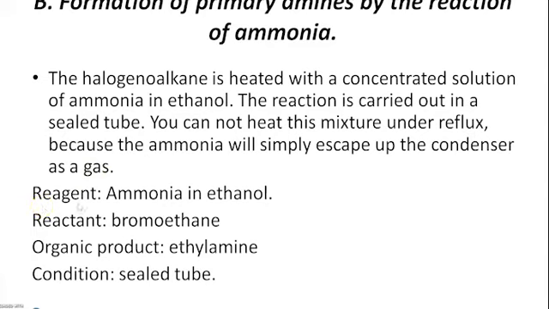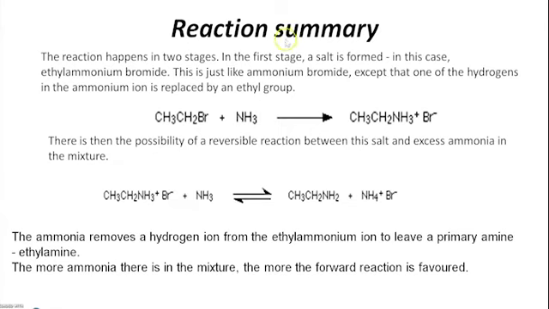Reagent: ammonia in ethanol, reactant: bromoethane, organic product: ethylamine, condition: sealed tube. Reaction summary: the reaction happens in two stages. In the first stage, a salt is formed, a quaternary salt.